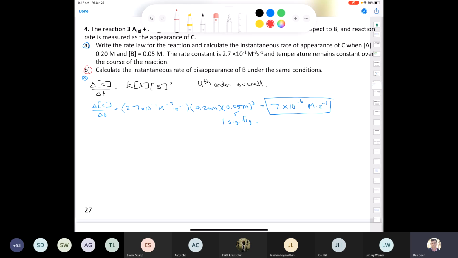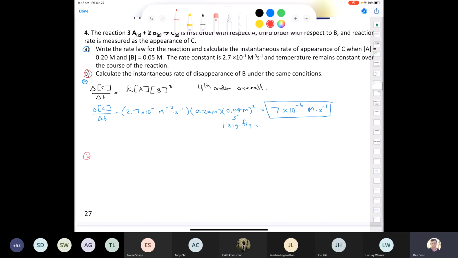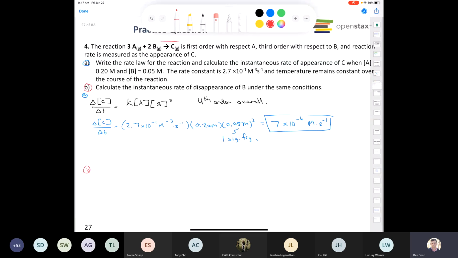Well, we know from our reaction that you can see up here on the top that the change in concentration of C over time is going to be equal to negative 1/2 of the change in concentration of B over time. And again, this is something that we looked at during the last semester.